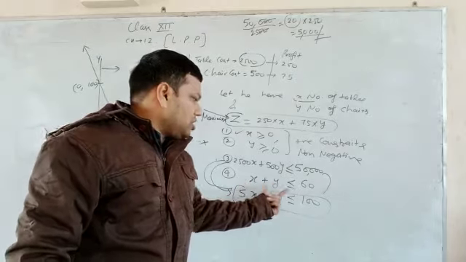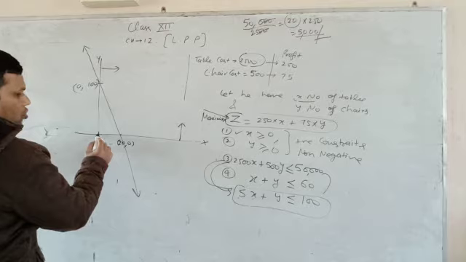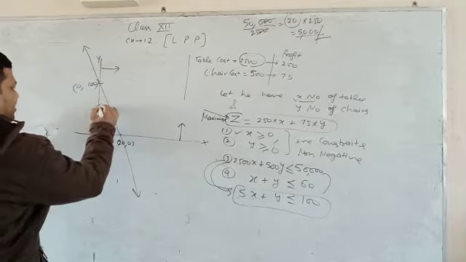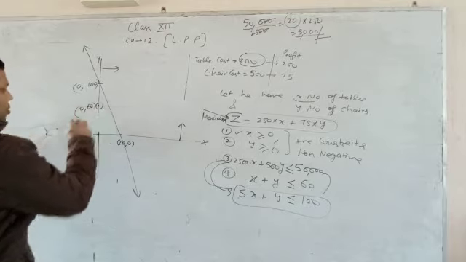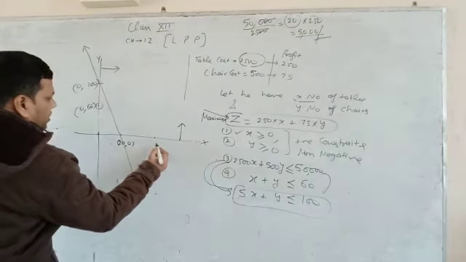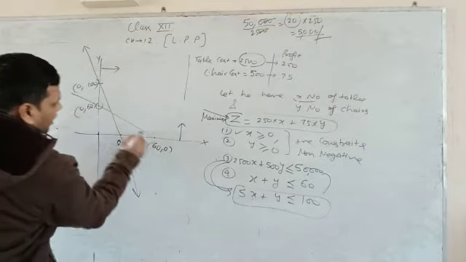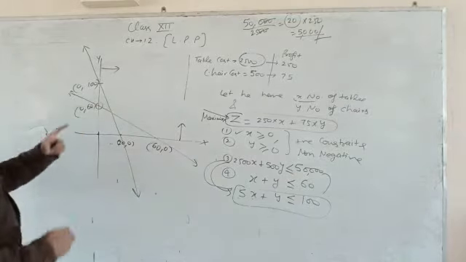You have to draw the graph of this also. If x is 0, then y is 60, the point 0, 60. And if y is 0, then x is 60, that is 60, 0. So you have this line also, right?